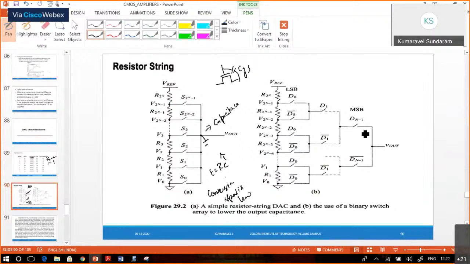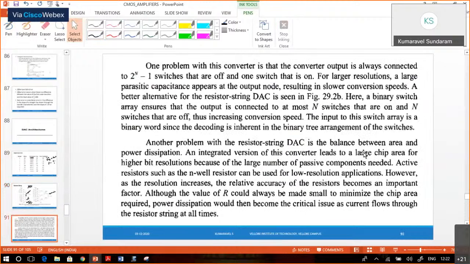Whereas if you observe the binary switch array fashion, the capacitance is less at the output. So the conversion speed is going to be high. That's what has been mentioned here. The one problem with the converter is that the output is always connected to 2 power n minus 1 switches that are off and on.